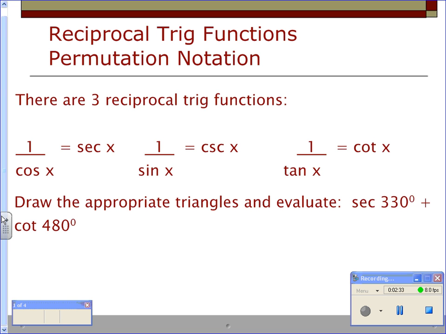So secant is 1 over what? 1 over cosine of 330 degrees.